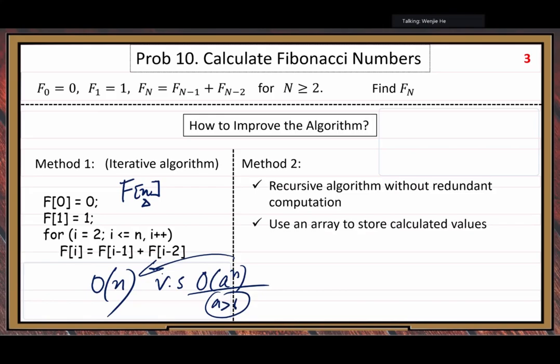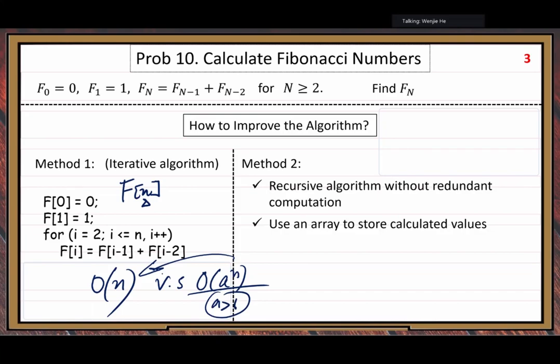How to remove the redundancy? Very simple way. Remember I mentioned our previous goal. Every Fibonacci number, if we calculate it the first time, we don't want to calculate it the second time. So after you calculate the first time, you should store its value. You do not throw away, okay? You do not just keep it temporarily, then in the next round of calculation throw it away. Don't do that.